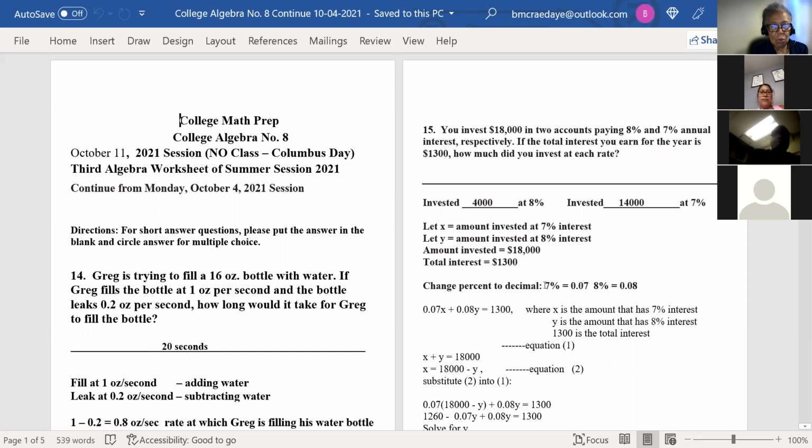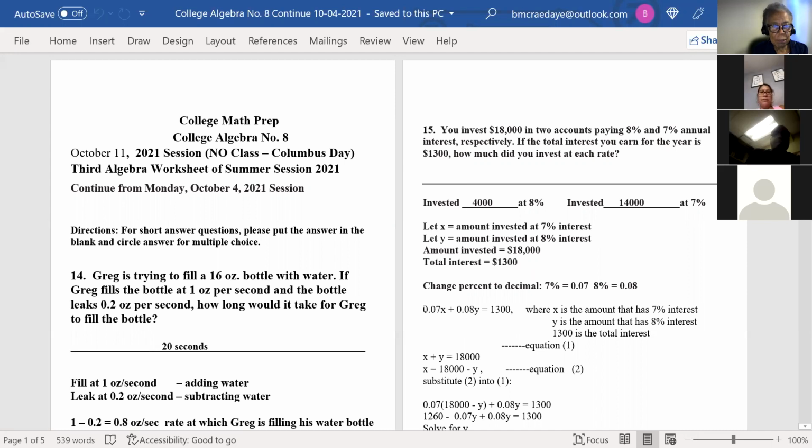Okay, so we have to work with decimals here. We make our percents decimals, and that means dividing by 100 or just shifting the decimal point 2 places to the left. 7% becomes 0.07, 8% becomes 0.08. Now, since we're given that he earned $1,300 total, that means the amount he invested times a percent is the amount of interest he earned.